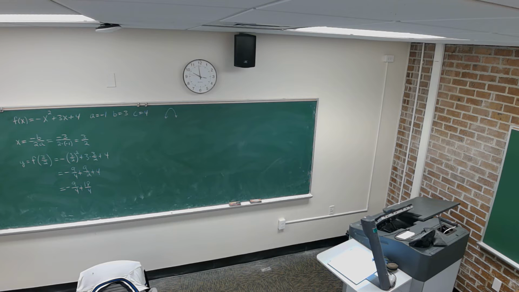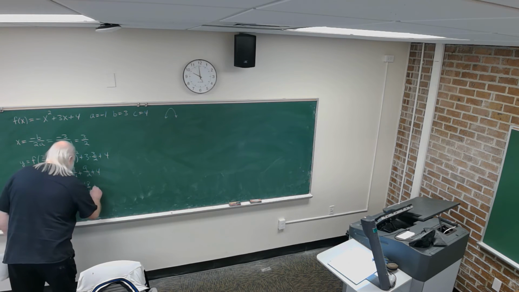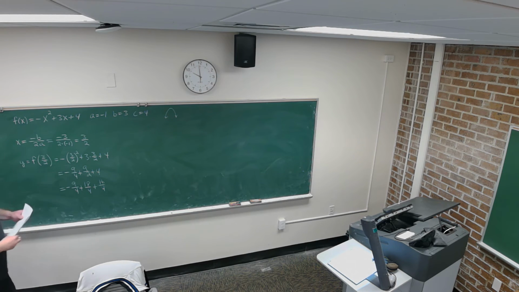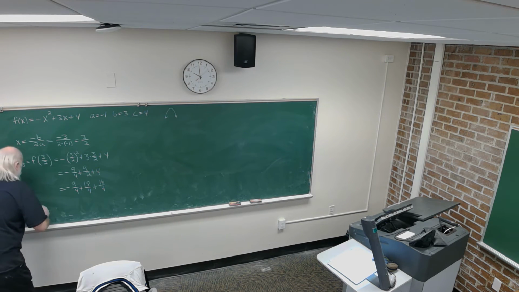You're going to multiply it top and bottom by 4, and you get 16/4, right? 16 divided by 4 is 4. So now we've got 3 fractions with the same denominator. We combine the numerators and we get 25/4. The y coordinate is 25/4.